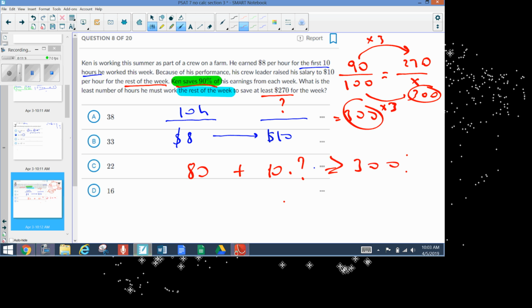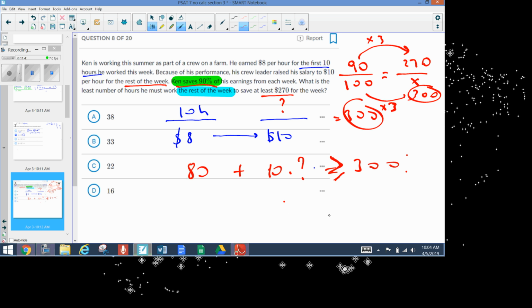This one is supposed to be greater than or equal to $300. So check the answer choices. Actually, let's give some value. Let's plug in 10. Is that enough? 180, not enough. Let's say 20. 280, right? If I put 20, it's not enough.